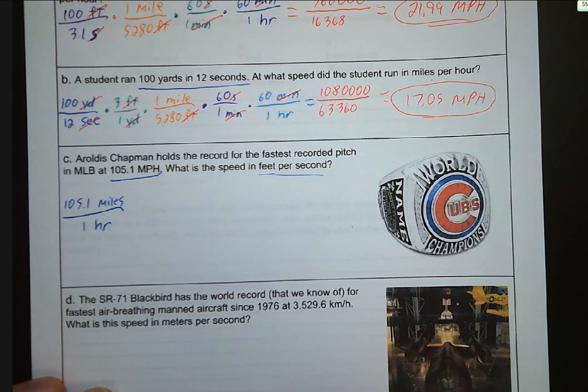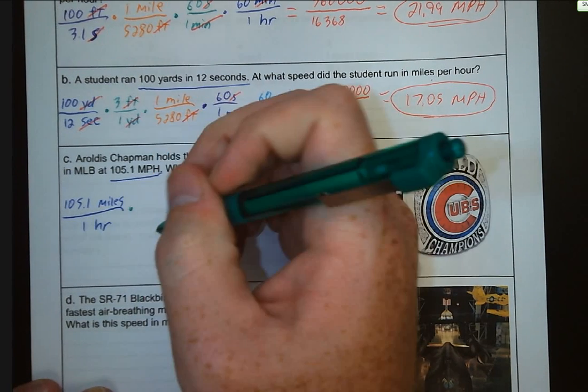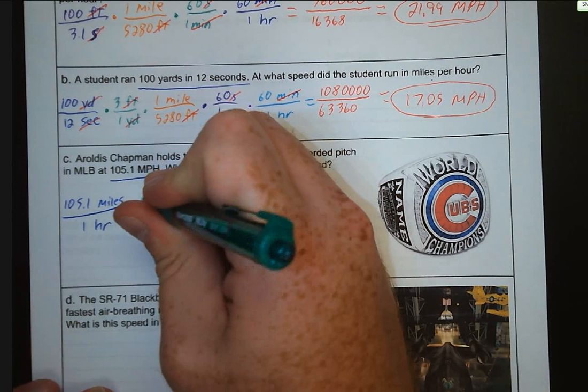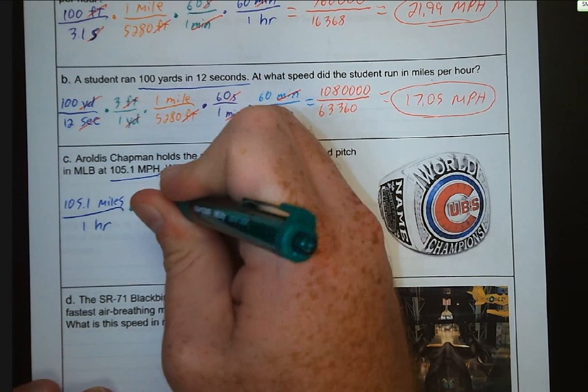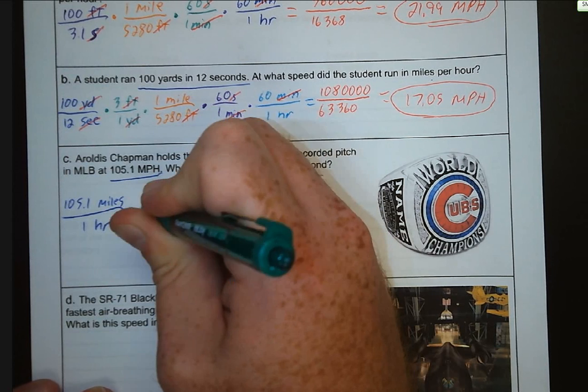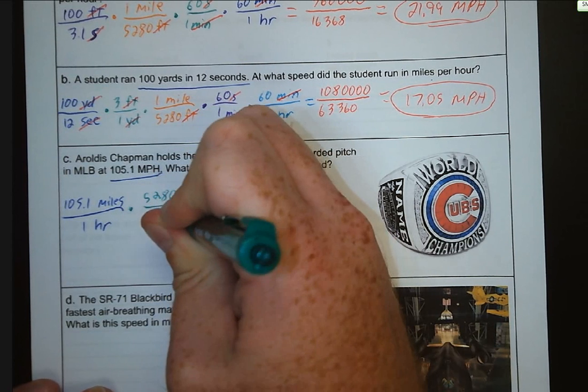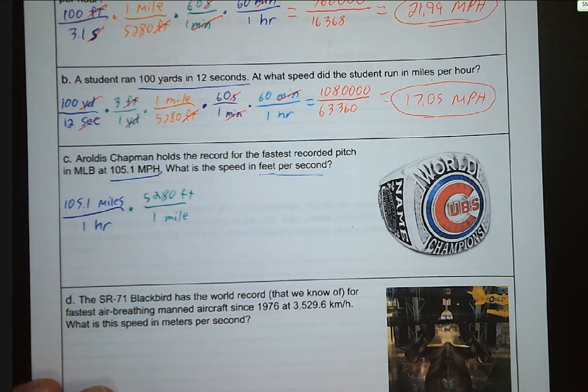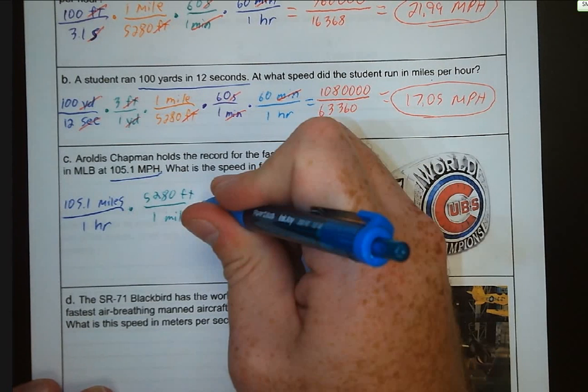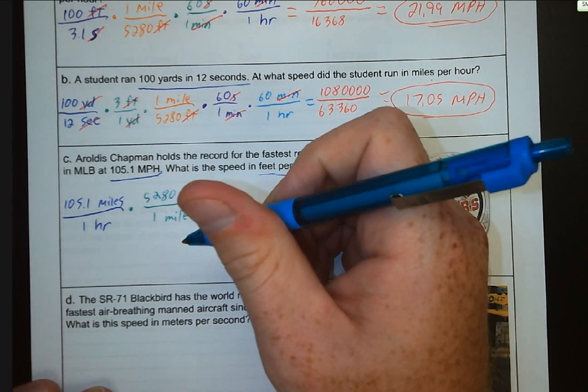So the first one, let's go from miles into feet. So I know there are 5,280 feet per 1 mile. That gets our distance to where we want it to be.